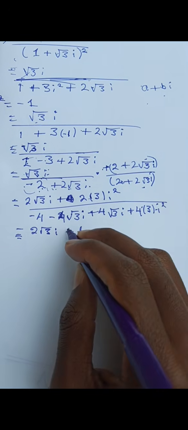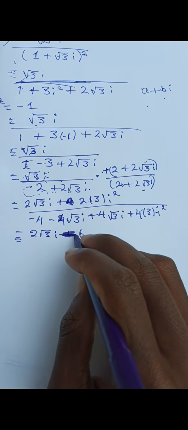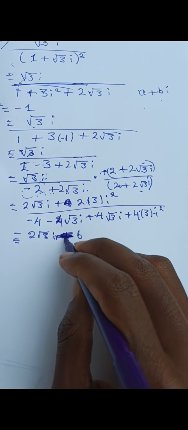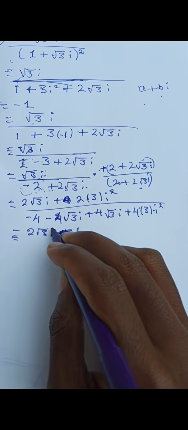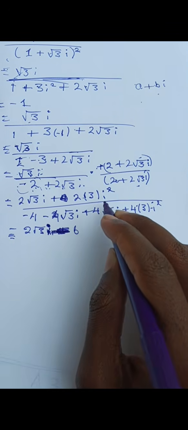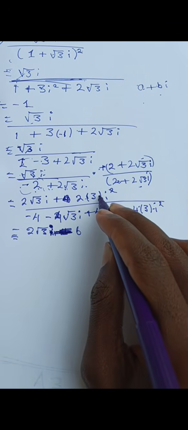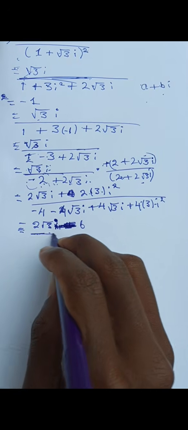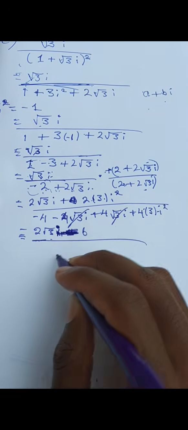Since this is i power 2, which is equivalent to negative 1, I'll put a negative here, because if you multiply negative times this, it will give us negative 6. That's why I've done that. So this and this will cancel out.